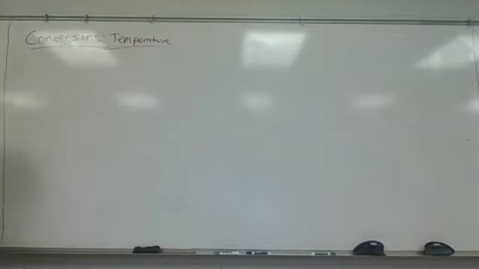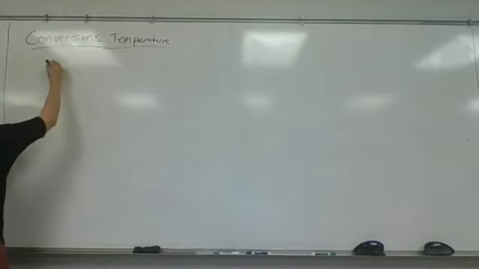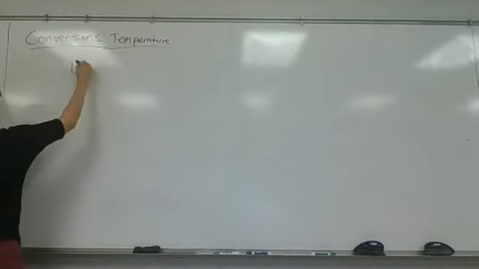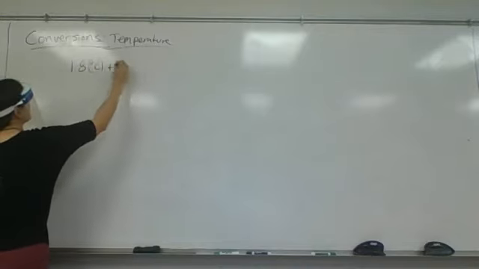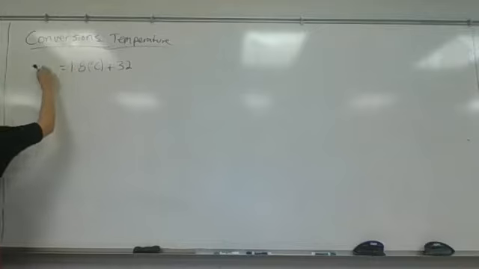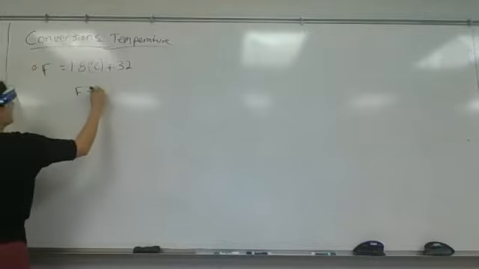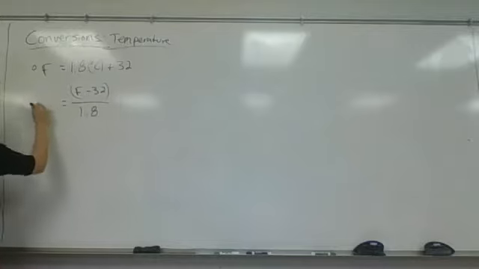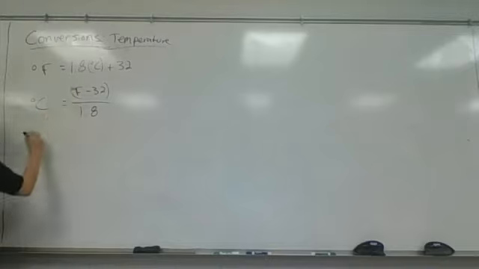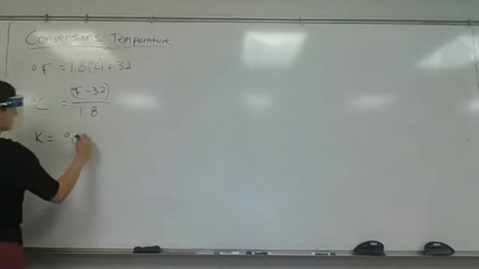With temperature conversions, you need equations. You're going to be using equations. So we have 1.8 times Celsius plus 32 equals Fahrenheit. Fahrenheit minus 32 over 1.8 equals Celsius. And then for Kelvin, we have Celsius plus 273.